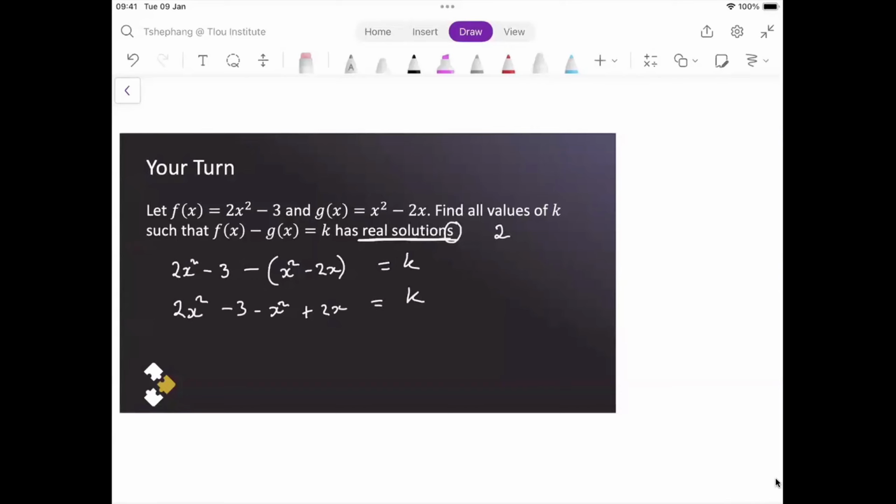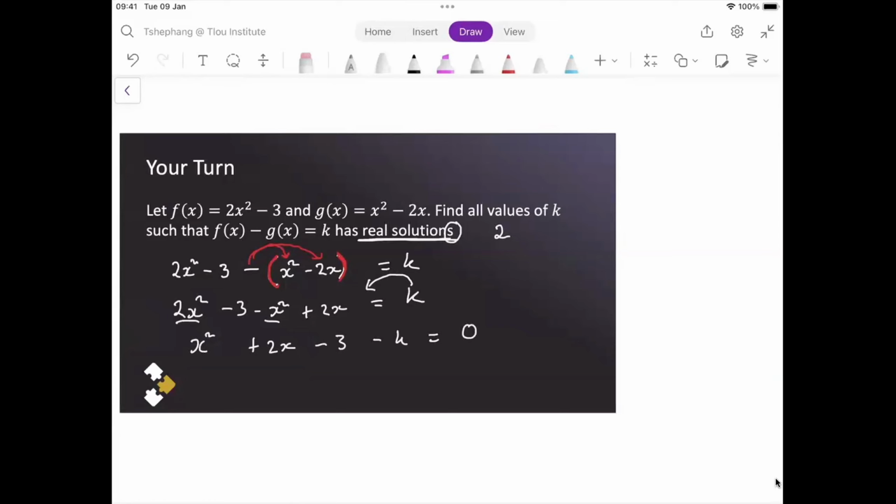Remember, you need to put these brackets, otherwise you are going to have some problems because the negative needs to affect that, and also it needs to affect the negative 2. Then we're going to have x squared, because these two deal with each other, plus 2x minus 3. Let's bring the k from the right to the left-hand side. We're going to have minus k is equal to 0.